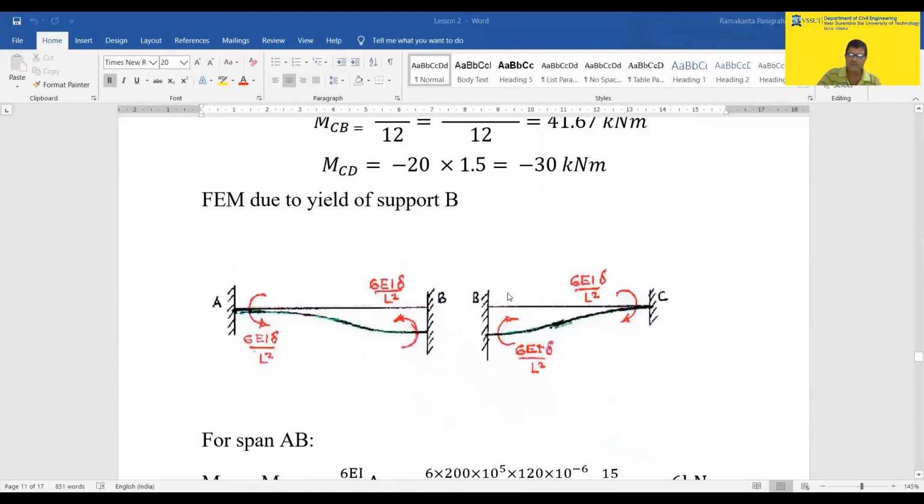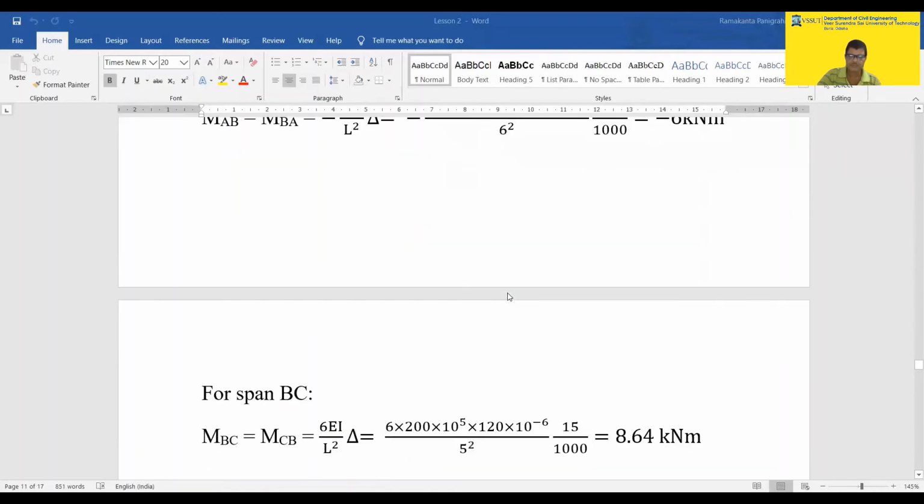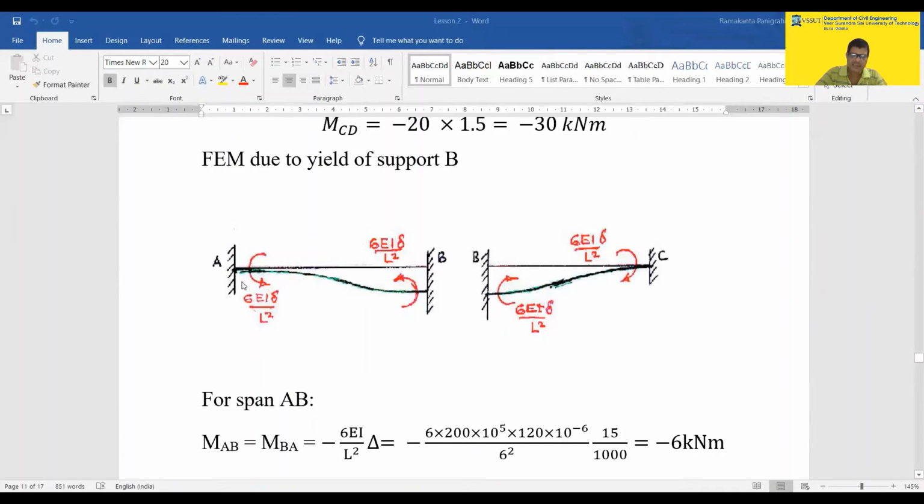Now come to sinking of supports. See here. I was discussing that support B is downward with respect to A. What was the formula? The moment here is anti-clockwise, because for it to come down you have to apply a moment like this, then only it can come down.